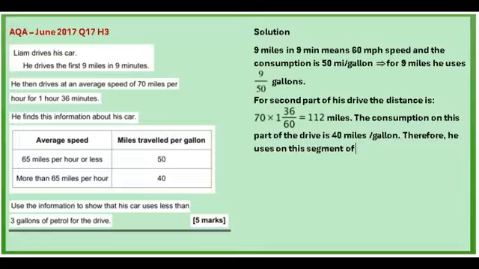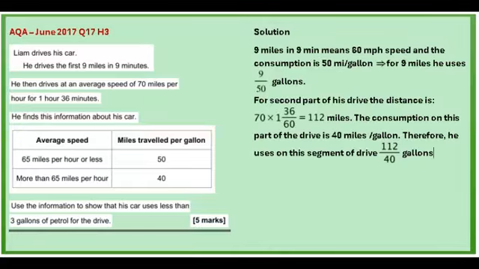So we have now the consumption for each of the sections of the drive. To find the total consumption, you just add them up and compare to 3 gallons.